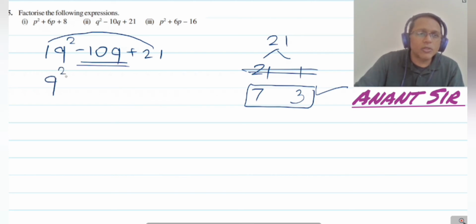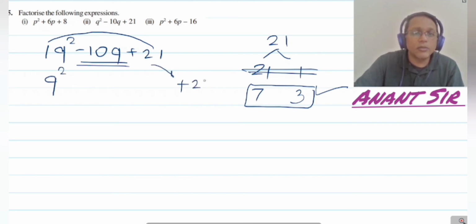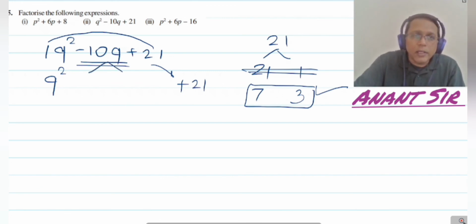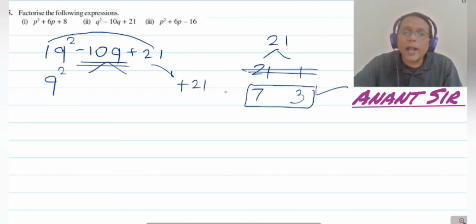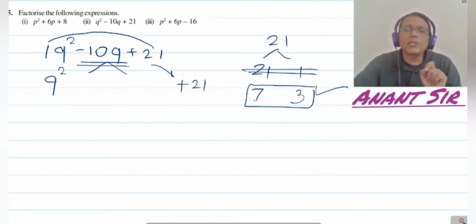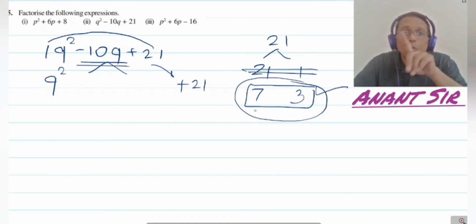Now, how do we solve this further? I write the first term as it is, the last term as it is, whatever the signs they have. And I split the middle term and write. I am not going to write minus 10q now. In place of minus 10q, I have to write the terms 7 and 3, but without changing the value. I have told you a simple rule in the last question also.